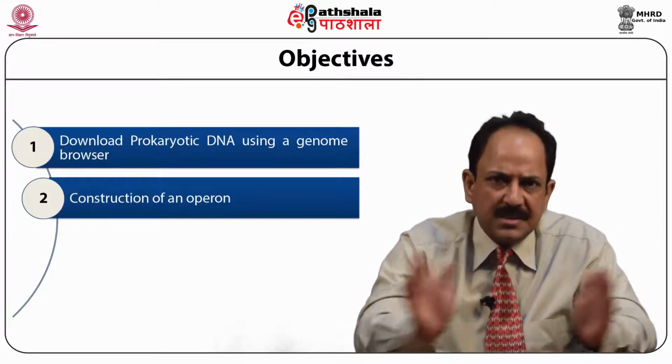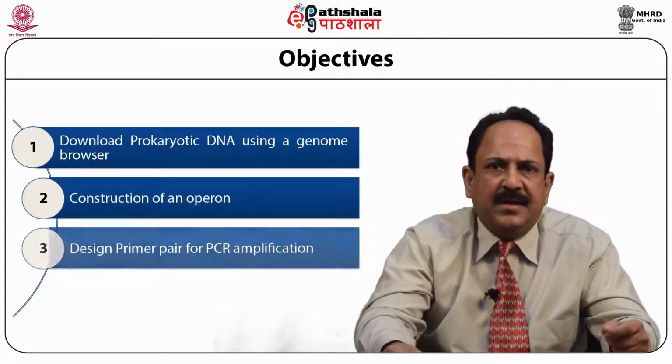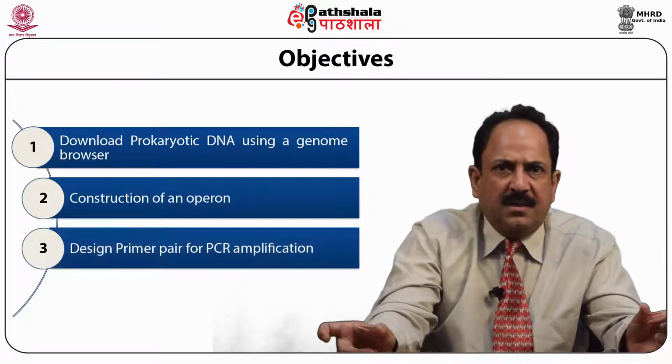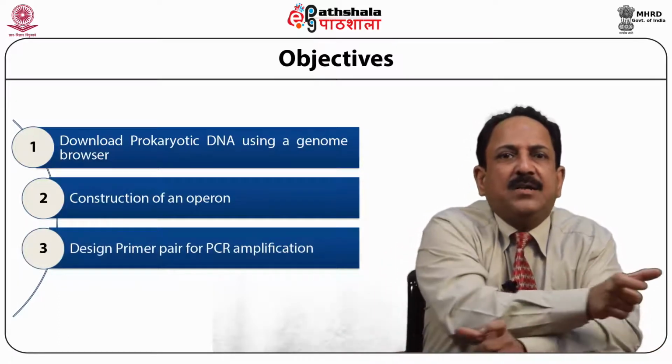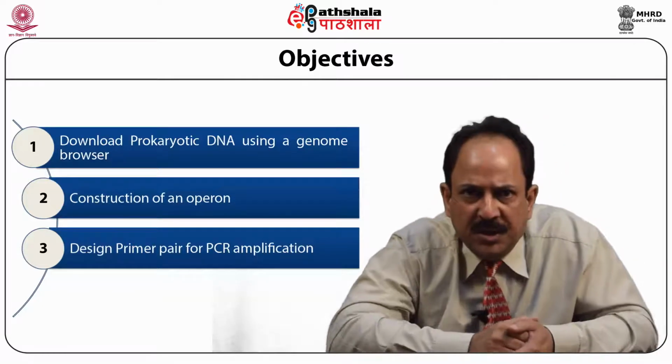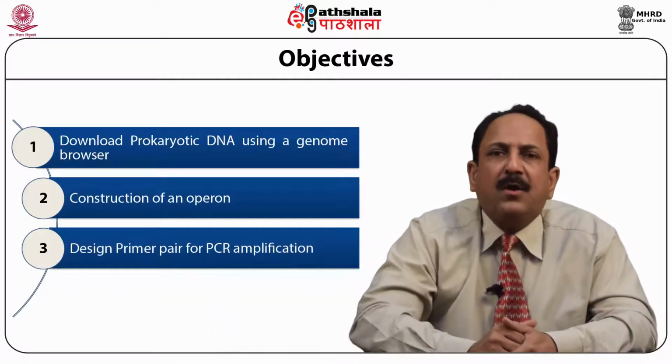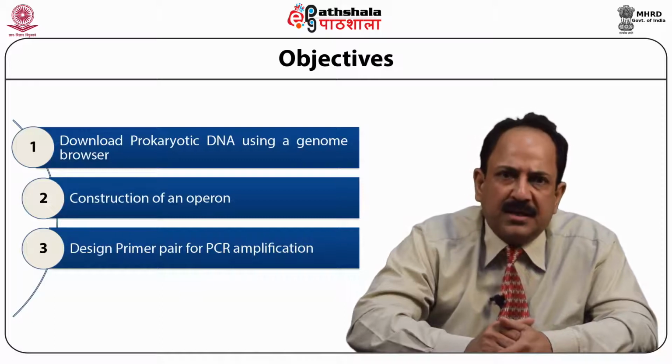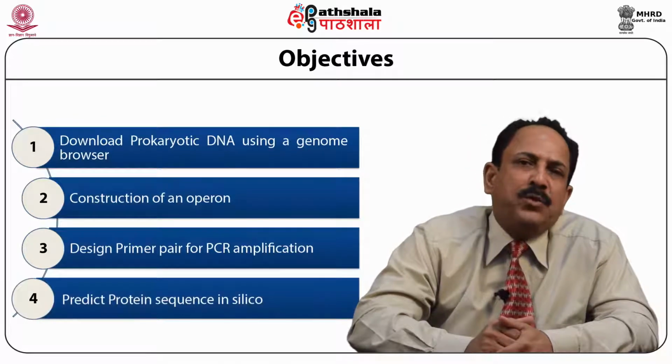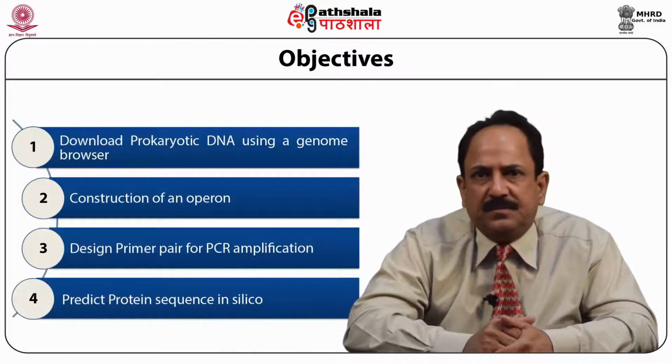You will use this constructed operon for designing a pair of primers for PCR amplification of the DNA sequence for gene cloning and expression of the protein product through prediction of protein sequence in silico.